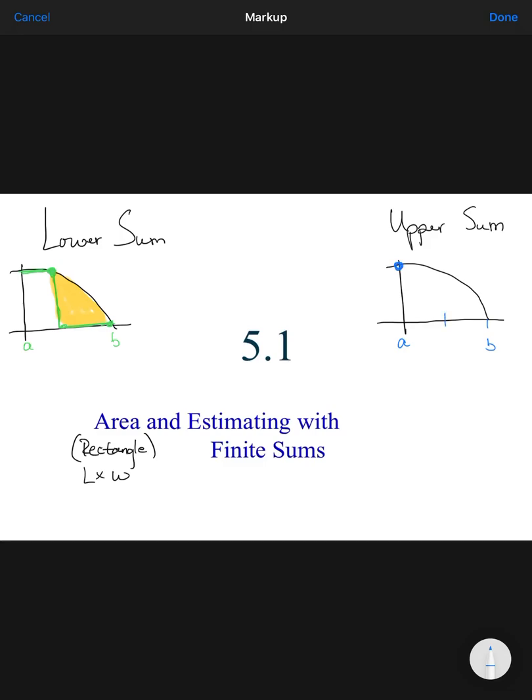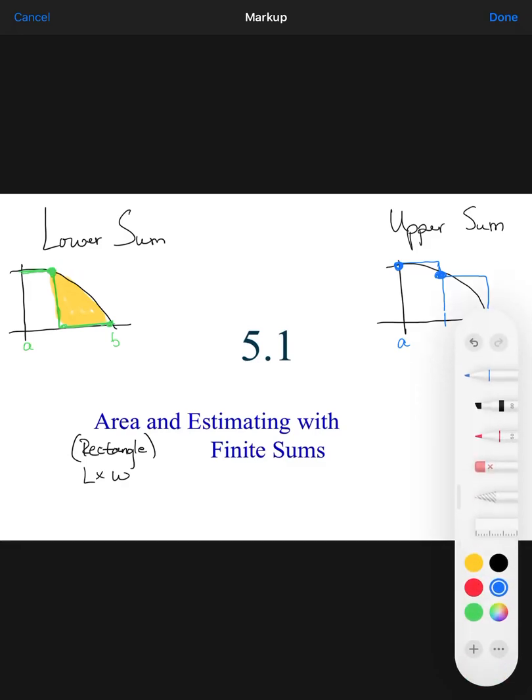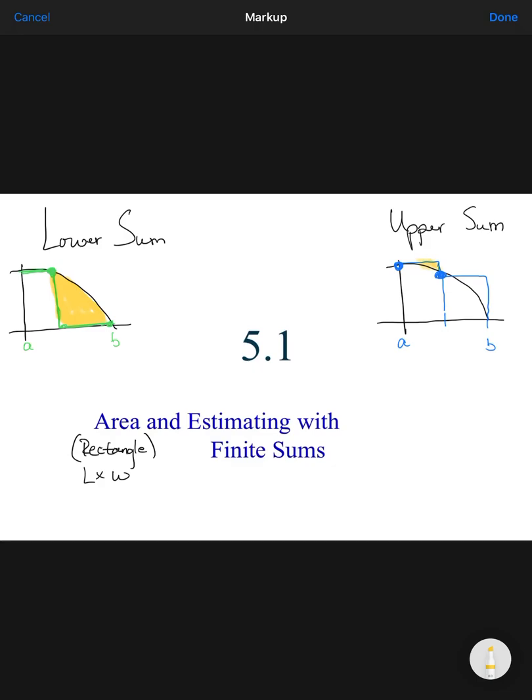Let's say it goes halfway again, and we hit a point right there. Upper sums deal with when your rectangles overlie, or go outside of your curve. Lower sums, all your rectangles are below the curve. Upper sums, the rectangles go outside the curve.